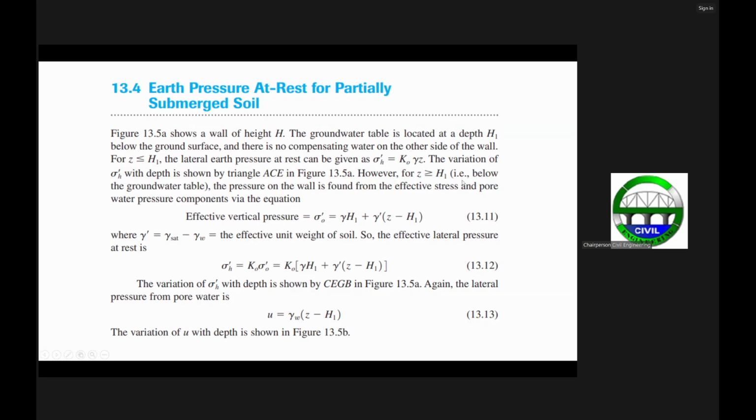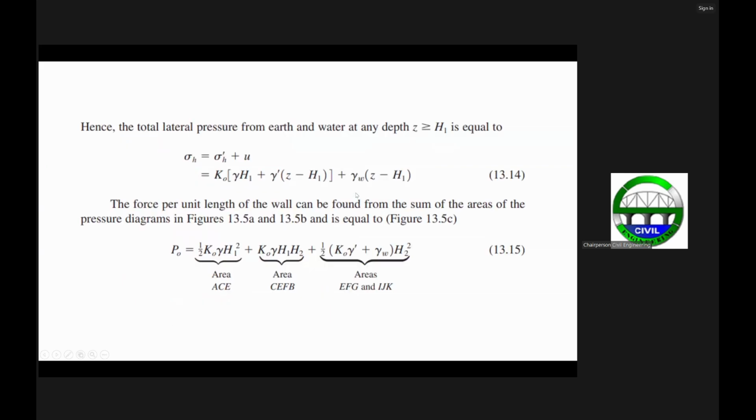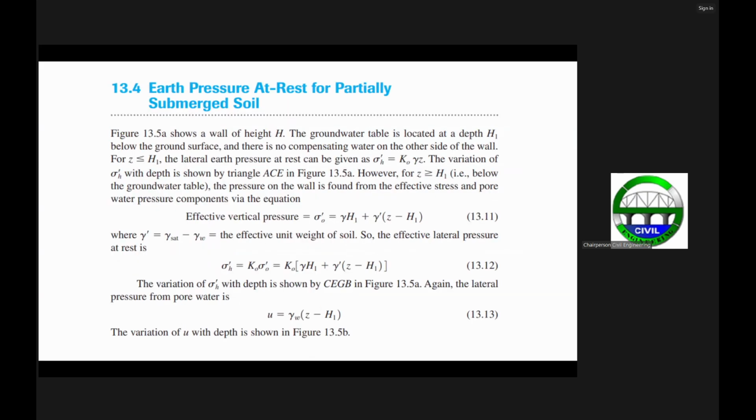The effective stress is equal to the unit weight times H sub 1, this part here, plus gamma prime times the variable depth Z minus H sub 1.